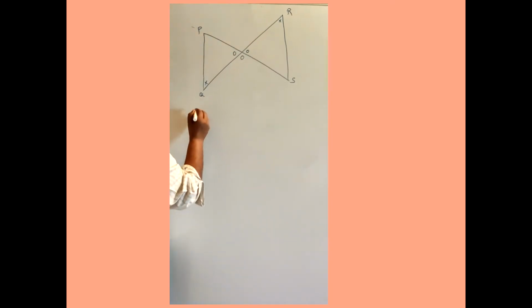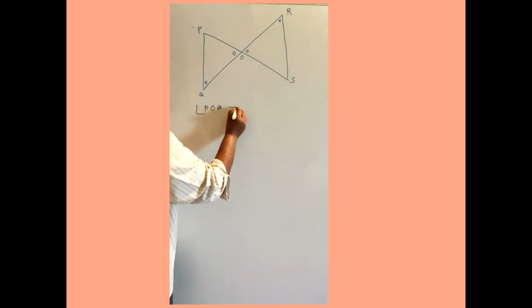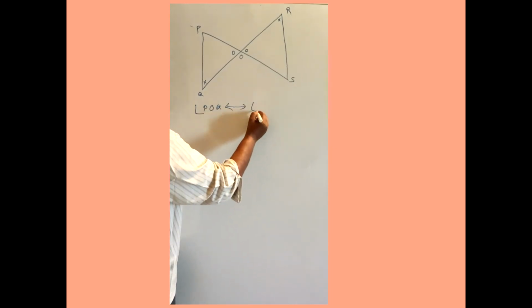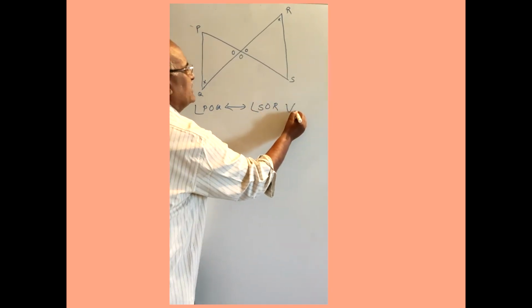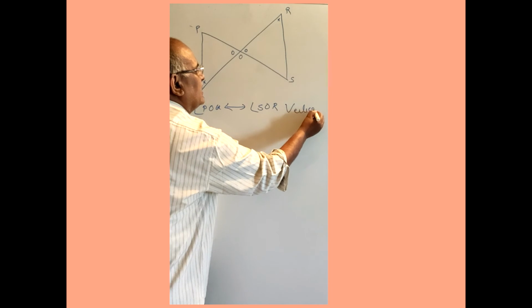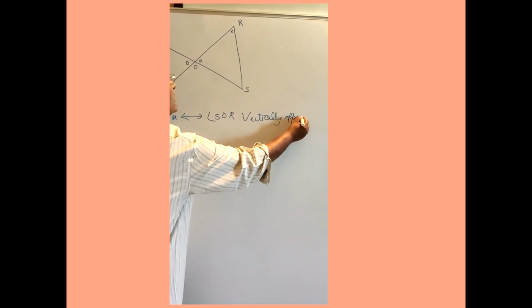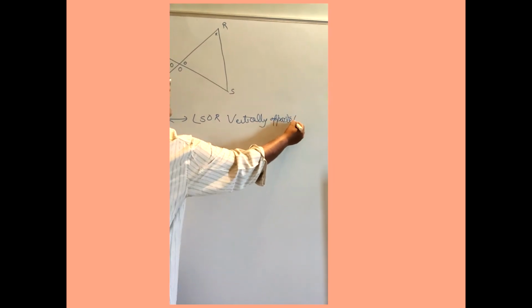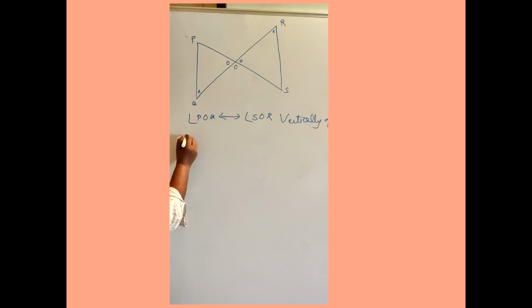So you can say angle POQ corresponds to angle SOR, vertically opposite angles. So now can we get the one-to-one correspondence?